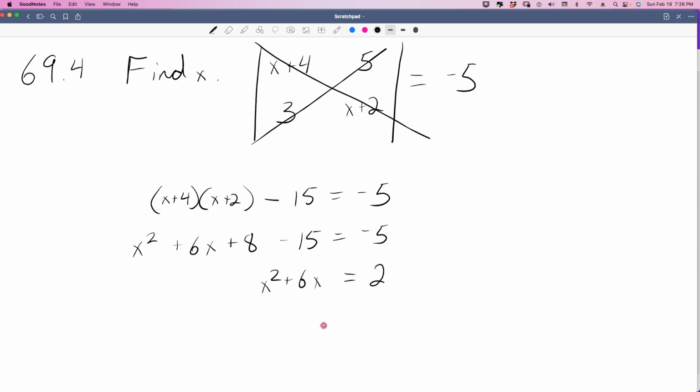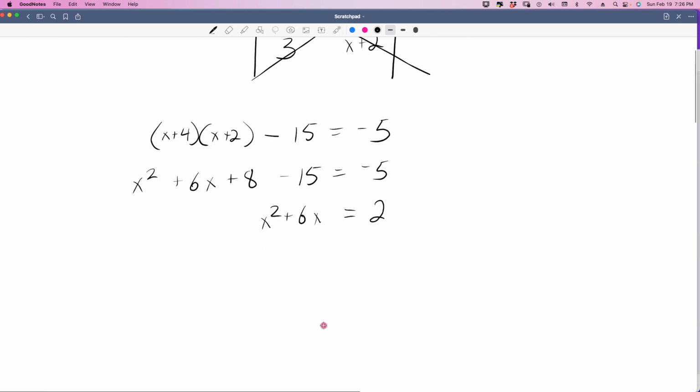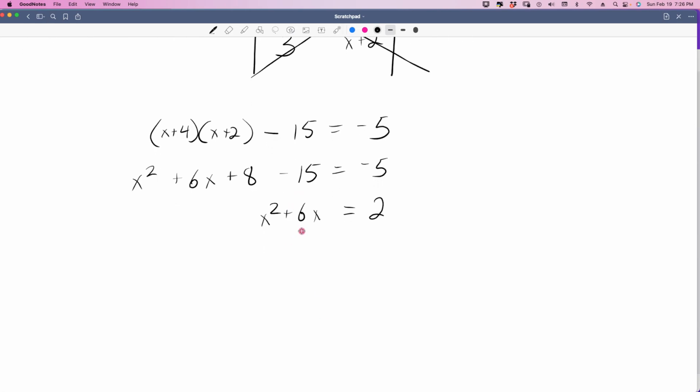So what should I do to solve this? I don't think that we can factor this. So I believe that we're just going to bring this back over. X squared plus 6x minus 2 equals 0.